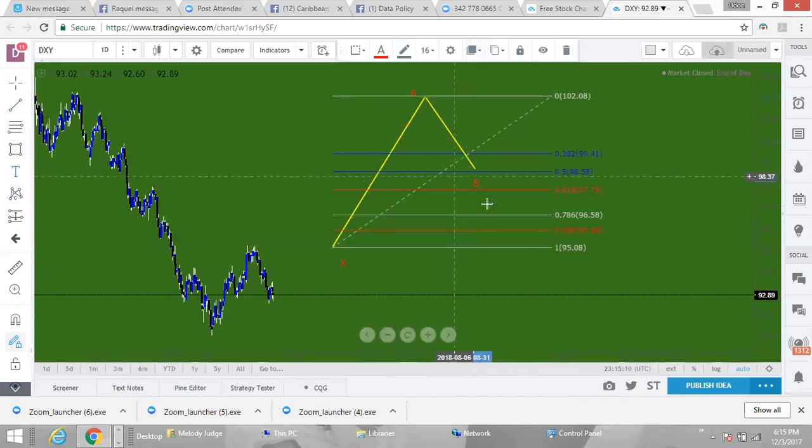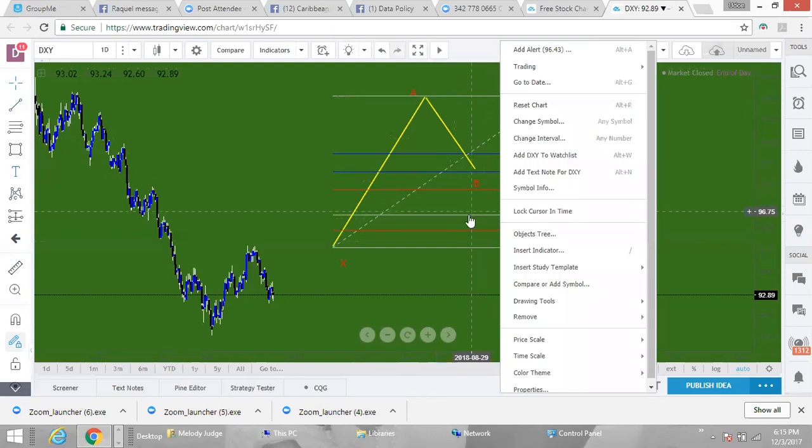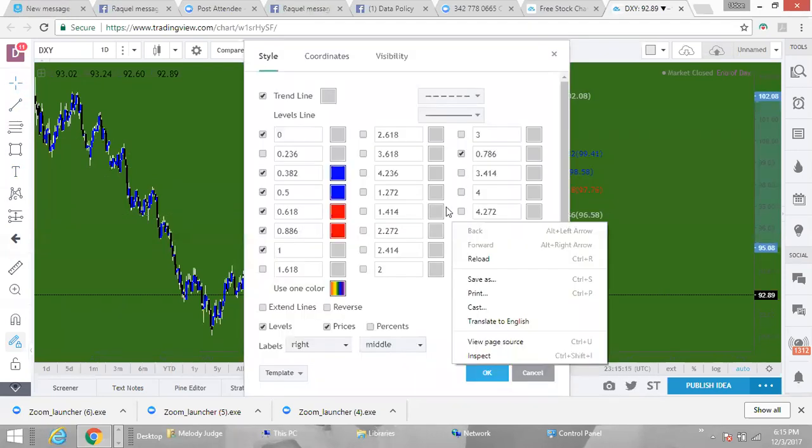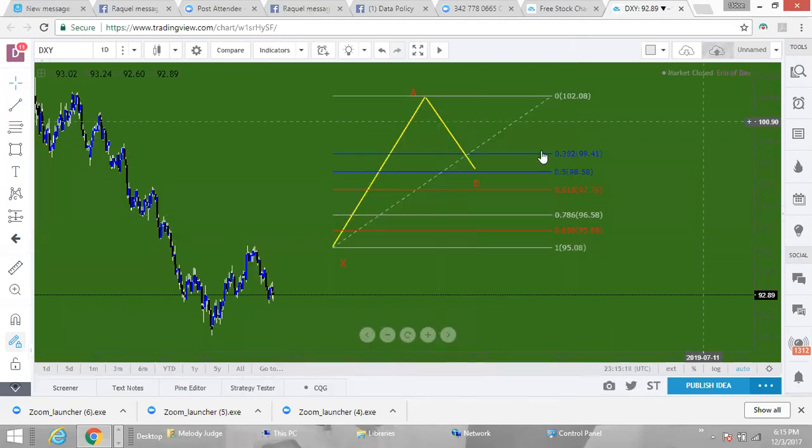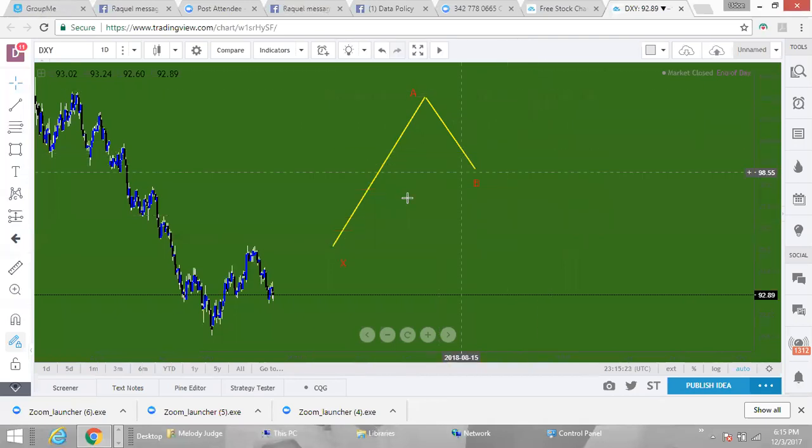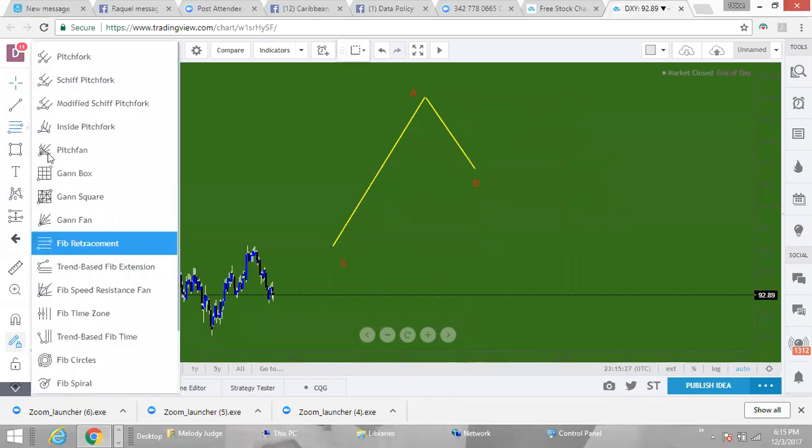Once we've identified our B leg, we're going to take our Fibonacci extension.